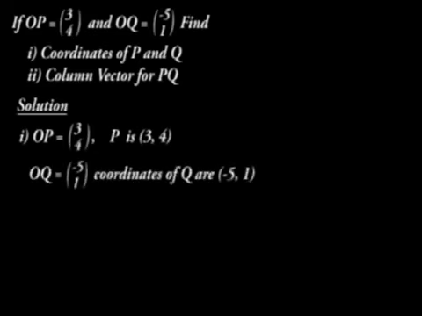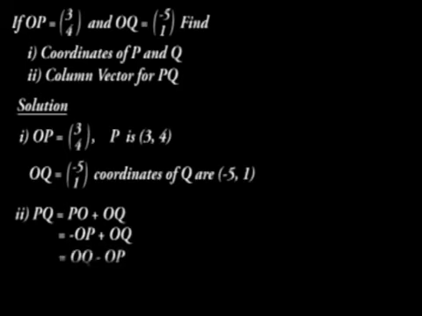OQ is (-5, 1), so coordinates of Q are (-5, 1). PQ is equal to PO plus OQ, which is equal to minus OP plus OQ. This is also equal to OQ minus OP, that is (-5, 1) minus (3, 4), giving us (-8, -3).